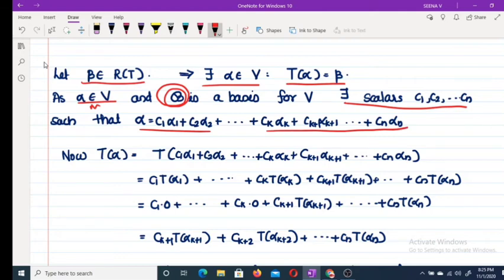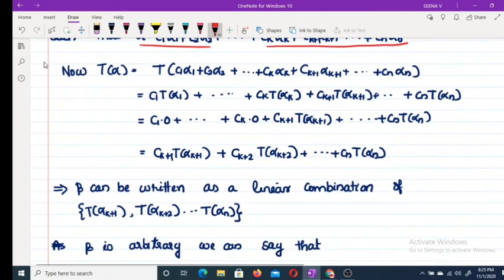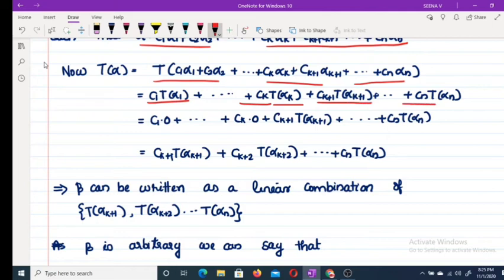Now, what is T alpha? T alpha is T of this one. Using linearity properties, c1 T alpha 1, c2 T alpha 2, etc., ck T alpha k, etc. But T alpha 1 is 0, T alpha 2 is 0, etc., up to T alpha k is 0.